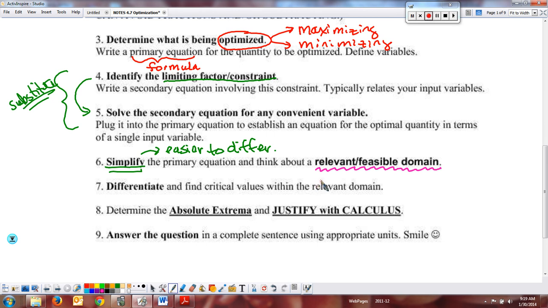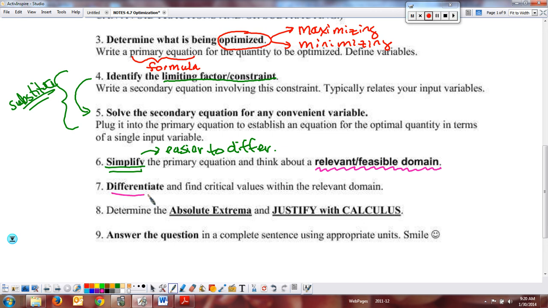Sometimes, in a lot of the problems, it might be 0 to infinity because you have an area or a length, and a length cannot be negative. But you also have to look at your constraint, because your constraint sometimes will give you, hey, I know that the radius has to be positive, and I also have some restrictions based on the constraint, so I get a max value, a bounded feasible domain, is what we're going to be looking at.